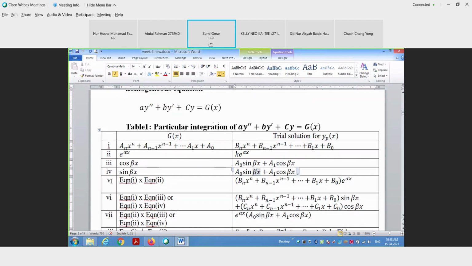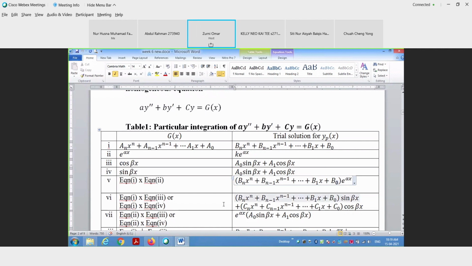The fifth type is when we have a polynomial, which is equation 1, multiplied with equation number 2. So it's a combination of exponent and also polynomial. In this case, yp is in this form: the polynomial times the exponent.